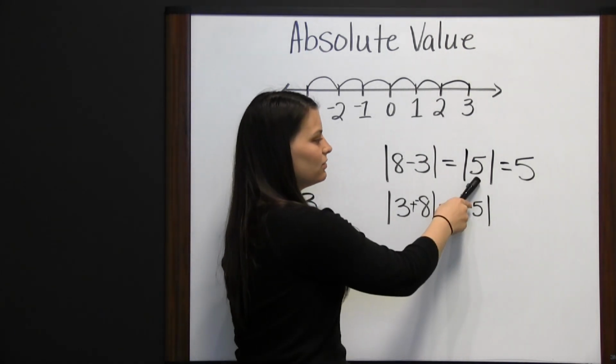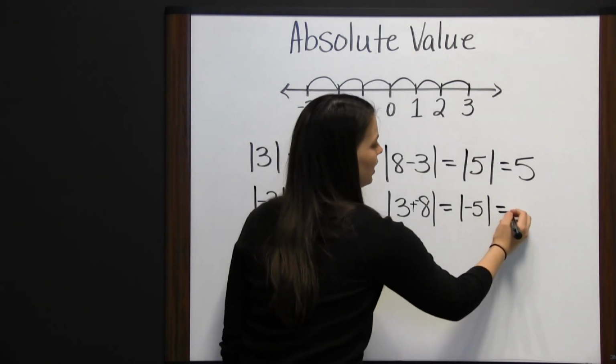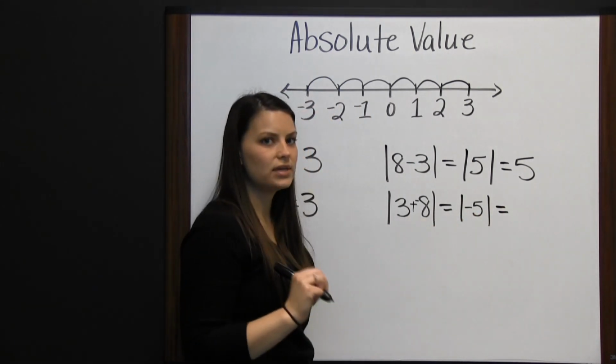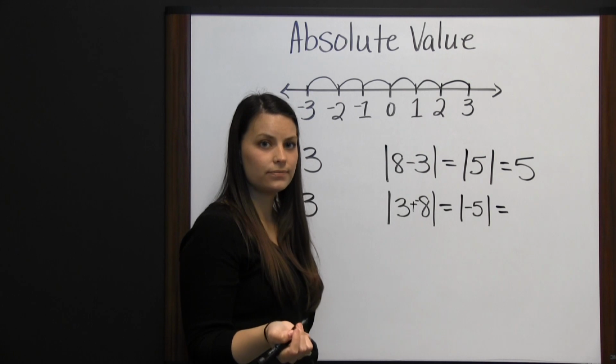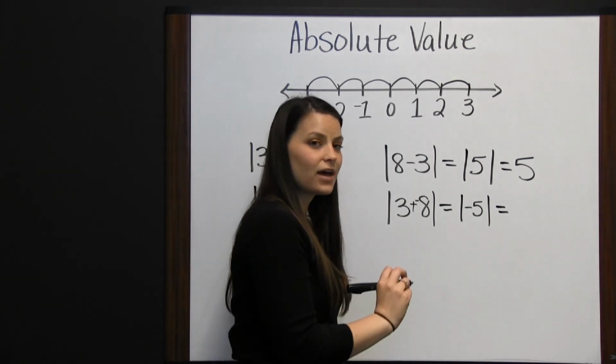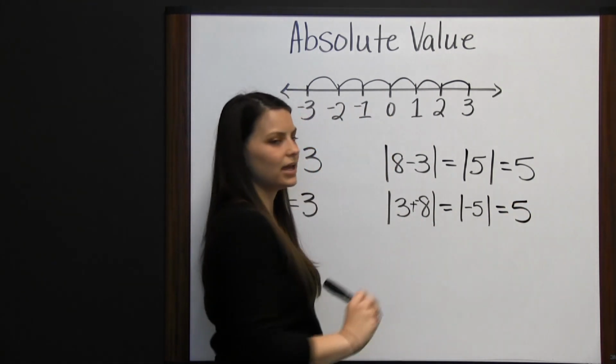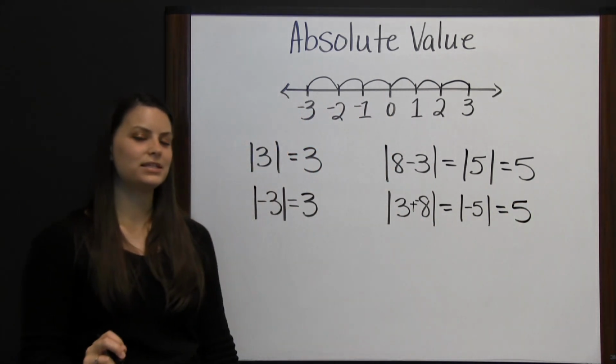So the absolute value of 5 and negative 5 is the same because, again, absolute value is the distance from 0, and distance can never be negative. So the absolute value of -5 is also 5, since -5 is 5 places from 0.